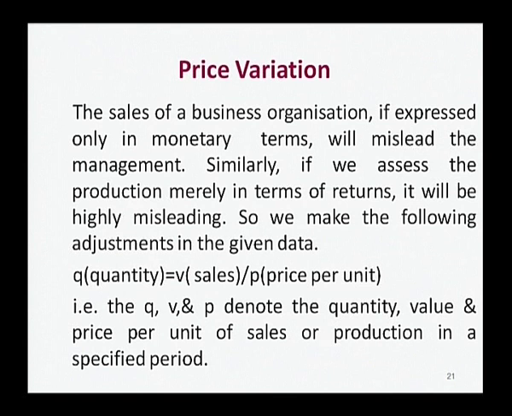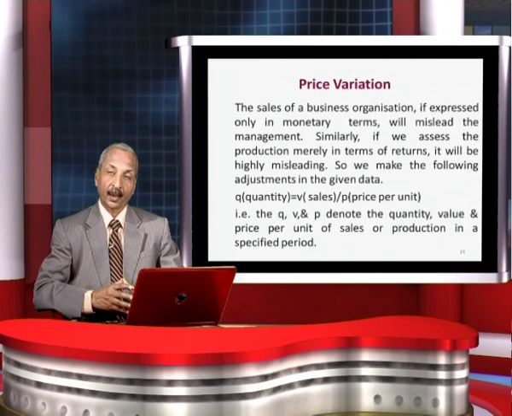Similarly, if we assess the production merely in terms of returns, it will be highly misleading. So, we make the following adjustments in the given data. That is, the given data are changed to quantity.